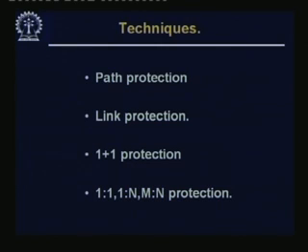We could protect a link, that is called link protection. There are various schemes of protection like 1+1 protection, 1:1 protection, 1:n protection, m:n protection. This all depends on what kind of redundancy we have built into the network. We will look at some of these techniques one by one.